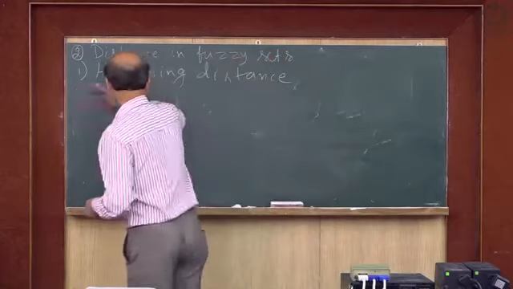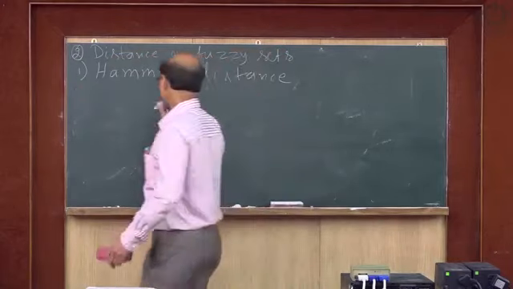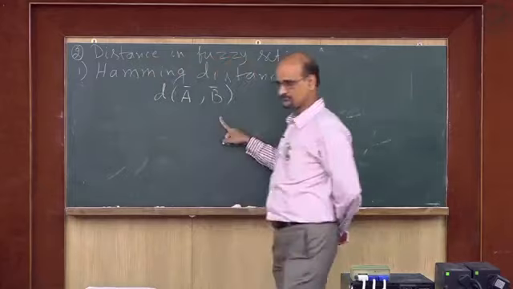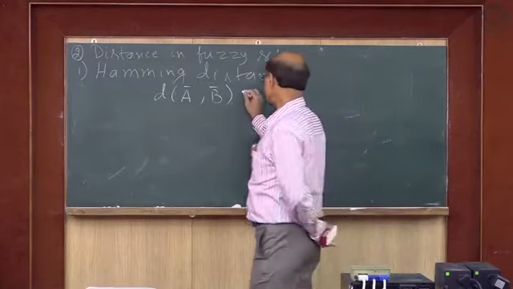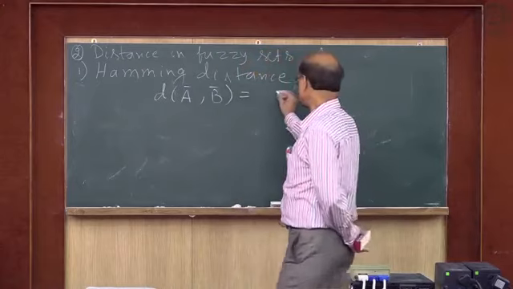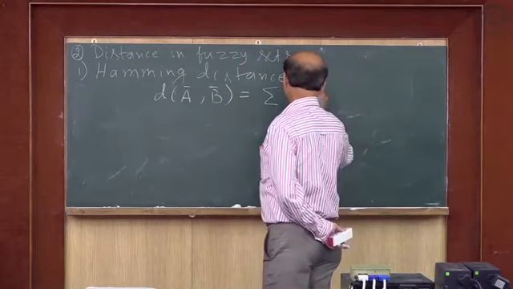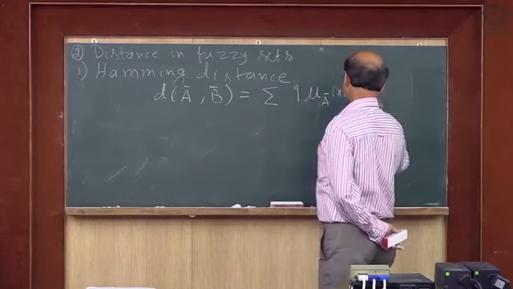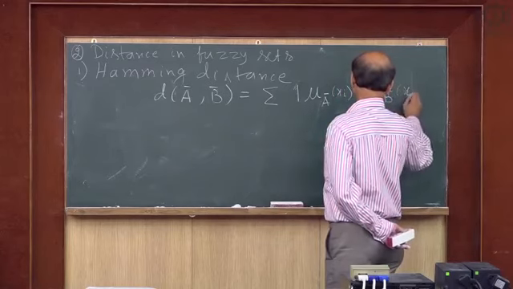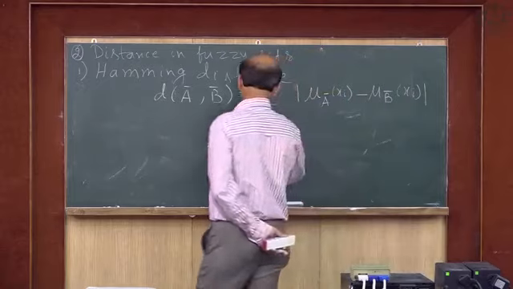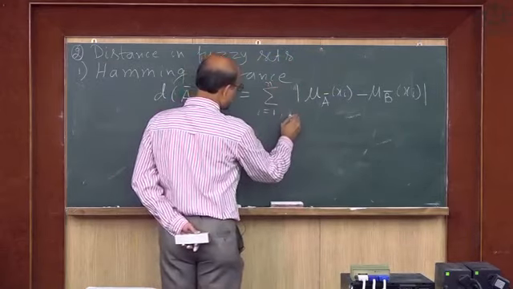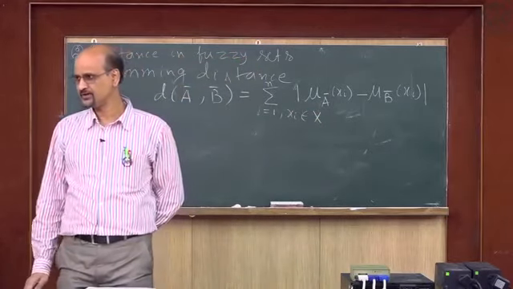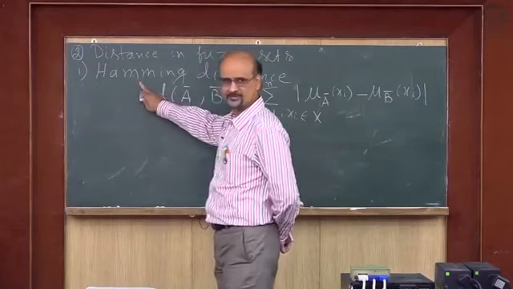We denote this as d of fuzzy sets A bar and B bar, and define it as the summation of the absolute value of mu A bar xi minus mu B bar xi, where the summation goes from i equal to 1 to n and xi belongs to the universal set X. This is named the Hamming distance.